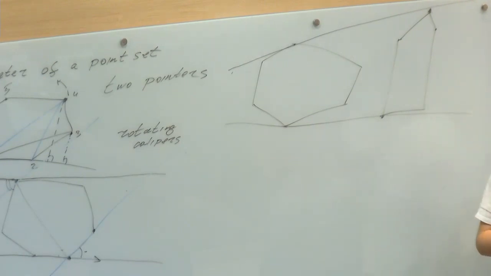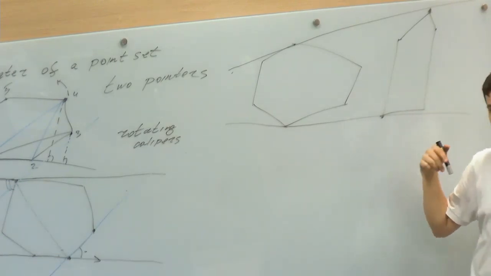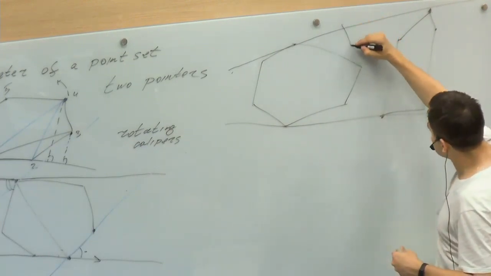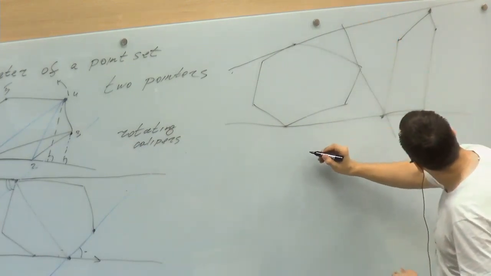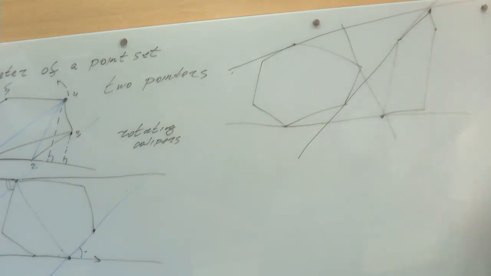We can also find the common, like this is the common outer tangent, and we can also find the common inner tangent, like this one and this one. This can be done by rotating calipers in basically the opposite direction.